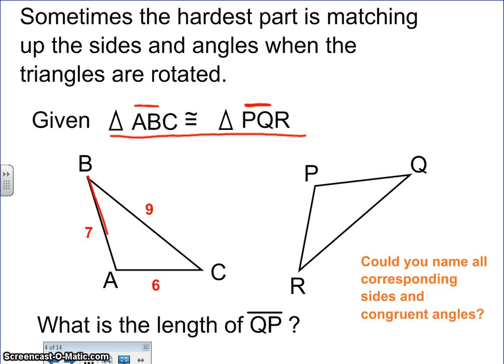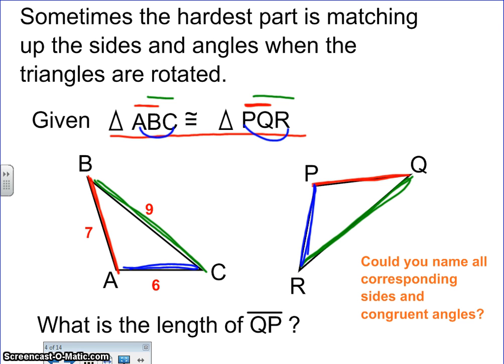I can say that AB and PQ match up. I'm going to use a different color. I could also say that BC and QR match up. So I'll give BC a green, and QR matches up. And finally, I'll get a different color and match up the other sides: AC and PR should be the same.